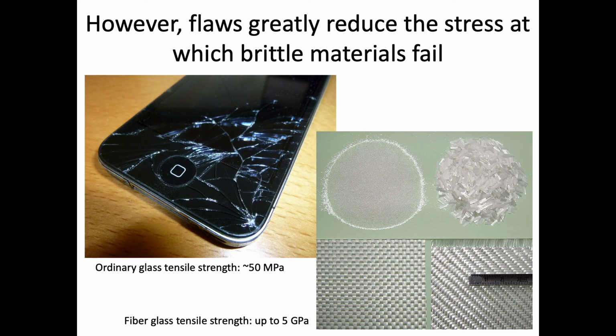Whereas if we have fiber glass, the same material but in fiber form, we can actually get a tensile strength up to 5 gigapascals. A big difference, two orders of magnitude, in the strength at which this fails in tension. So huge orders of magnitude, and we're going to tie this back to what this has to do with the size and the amount of flaws.